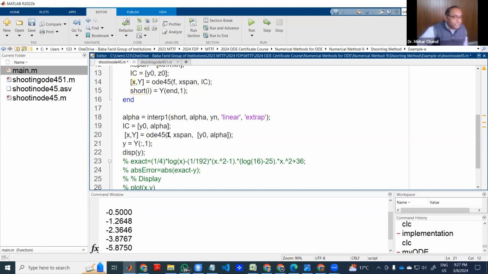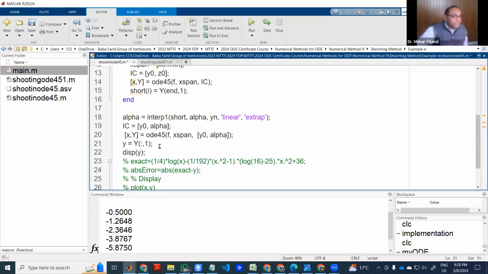The equation we have is the same, which is the ODE stored in function f, and here is x span. Either you can store these values, the value for initial condition, y naught and alpha. We are using this value for interpolation. Note this point very carefully. We are using this value for the interpolation to shoot the value.